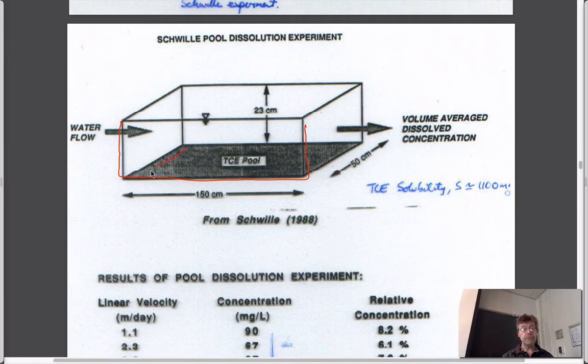You put a pool of TCE, a NAPL, in the bottom, and you fill the rest up with sand after you have that. And then you flow water across from one side to the other. And you measure the concentration as it comes out, as it's traversed along the top of this, right? So the water goes along the top of this and comes out and goes downstream. So the sides of the box are open.